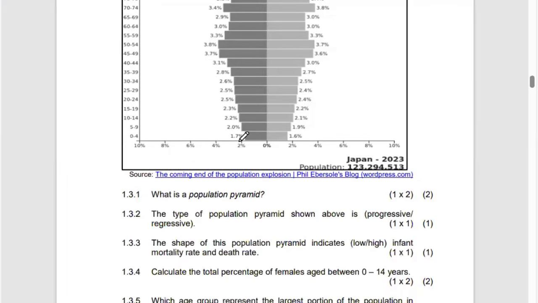Then our question is saying, what is a population pyramid? Basically, the question is asking you what you are seeing on that illustration there. So we can say it's a graph. It's a graphical illustration.